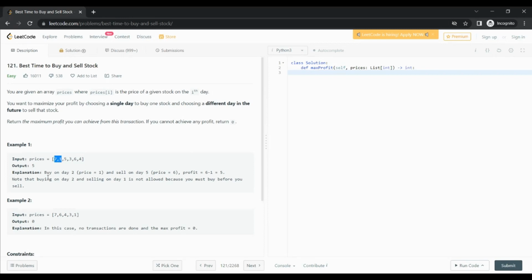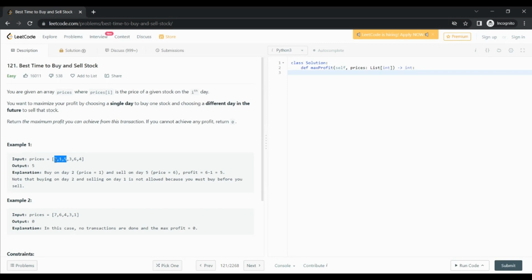Well, can we make a profit if we buy it at 7 and sell it at 1? No. What if we buy it at 1? Because 1 is less than 7, it makes sense to buy it at 1, given we know that there are only two elements that we parsed through till now, 7 and 1. So we can have a variable, let's just say buying price, and that buying price should be updated to 1.